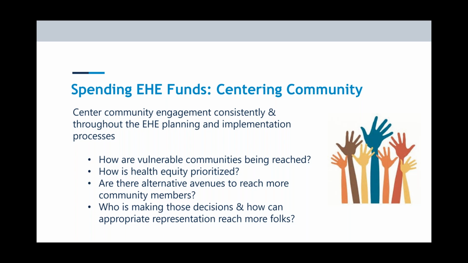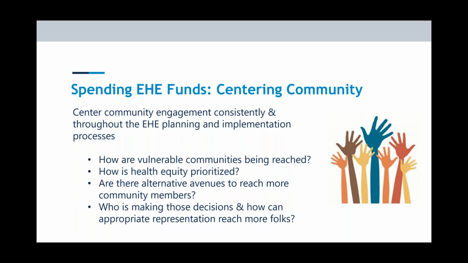In addition to all of this, it's so important to remember that centering the community has to be a persistent and constant theme throughout any EHE planning and implementation process. You always have to ask yourself and your staff, how are you reaching the most vulnerable communities, especially those who might not have access to broadband, might not have access to digital resources, might not have access to transportation to get whatever they may need? So how are we doing this in a way that is promoting health equity and prioritizing multiple avenues to reach community members?